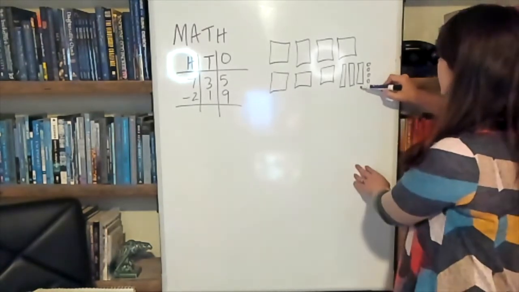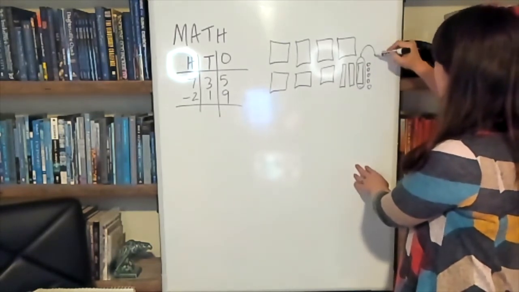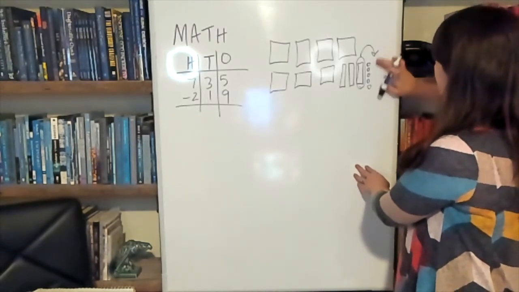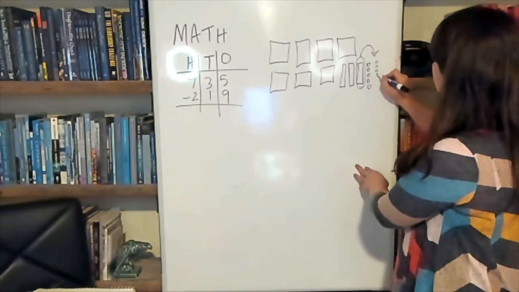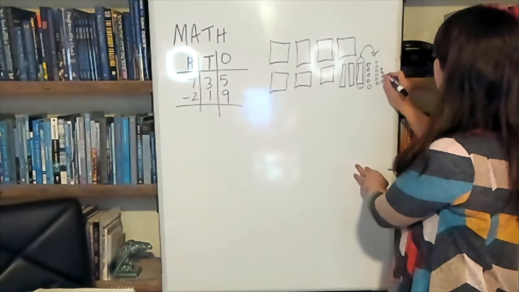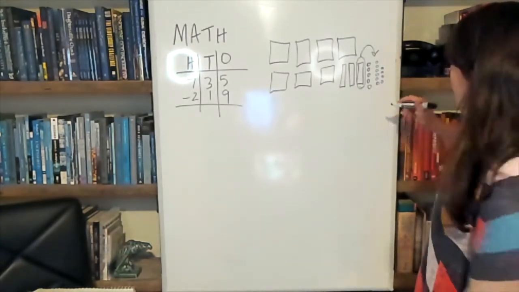So what we're going to do is rename one of these tens as ones. Let's put it over here. In the book, they make it look different, but we'll just put it over here. 1, 2, 3, 4, 5, 6, 7, 8, 9, 10. Now, can we take 9 away from that? We can.